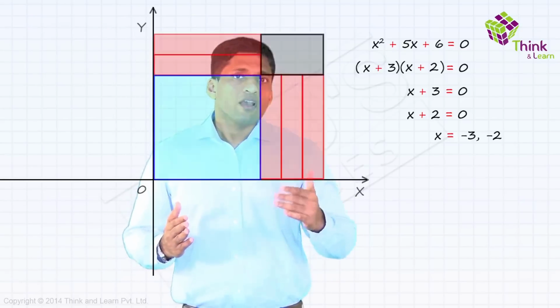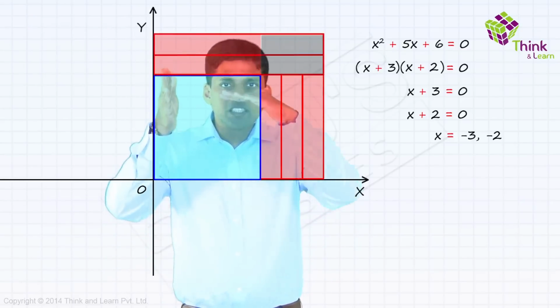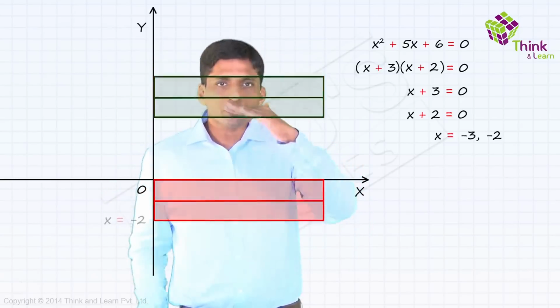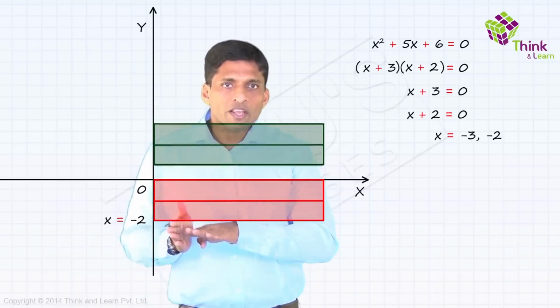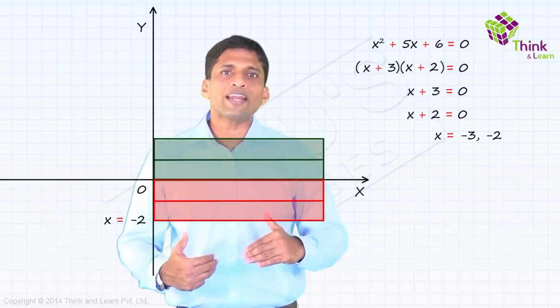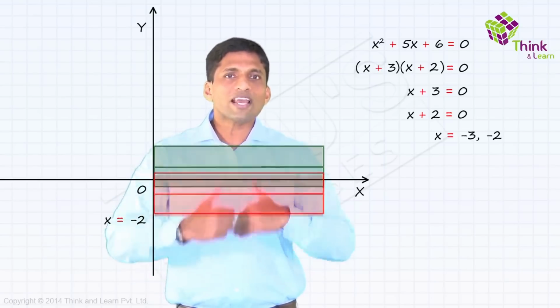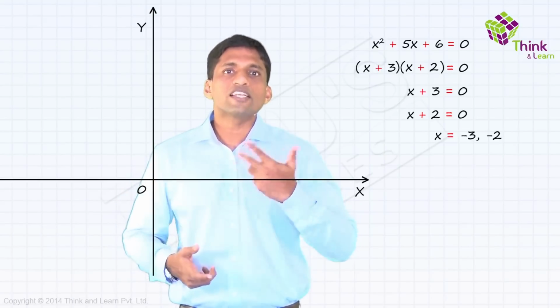Same way, if you want to make breadth 0, I push this complete rectangle down, so it will start going below the x-axis. So here this will start becoming negative. When it's at minus 2, these two areas will get cancelled out and the rectangle will disappear again.